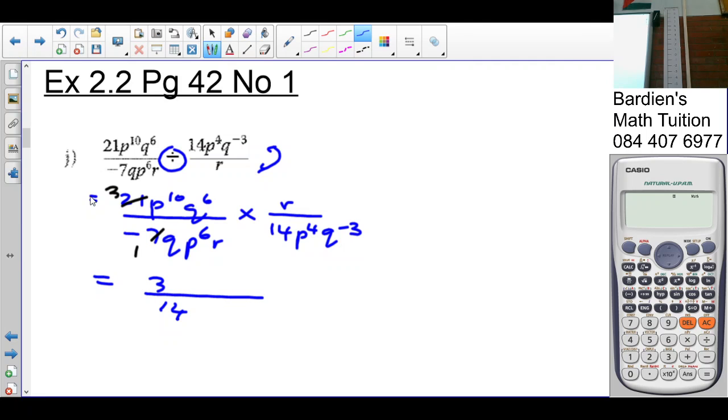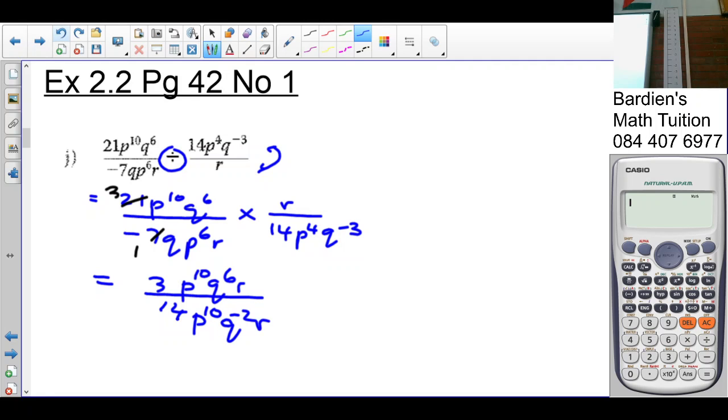Now just multiply the numerators on top. So what I get is p^10, q^6, r. The variables at the bottom are going to multiply, so we add the exponents. P^6 times p^4 is p^10. Q^1 times q^-3 is q^-2.